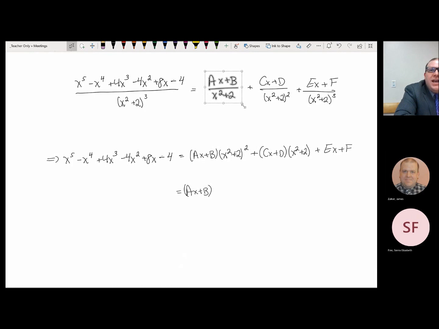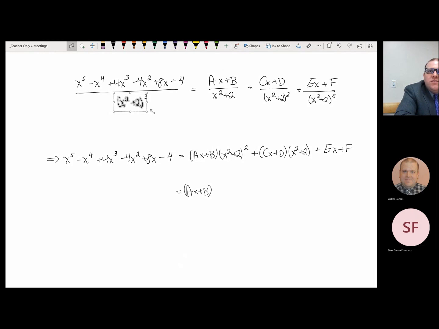But what's x cubed over x? That's why it's only a square. What we're doing is multiplying both sides by the denominator. By this denominator. So we're only multiplying by x squared plus 2 cubed.